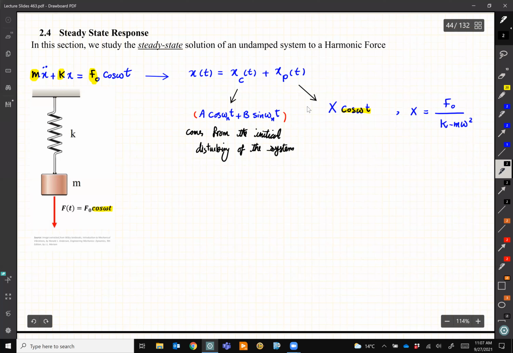So initially we had an x0, v0, or we may not. It comes from there. But this part is permanent.